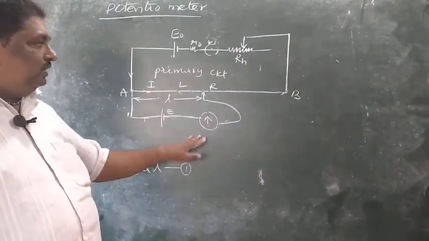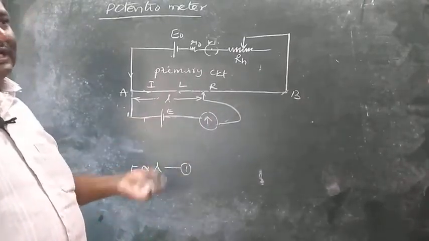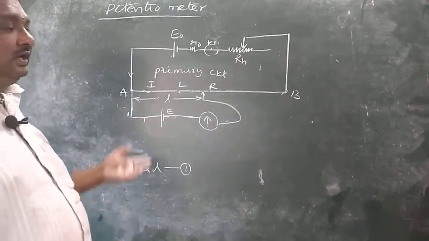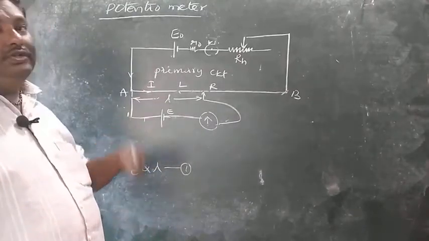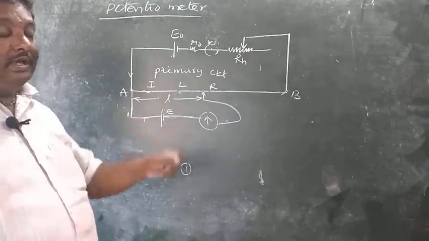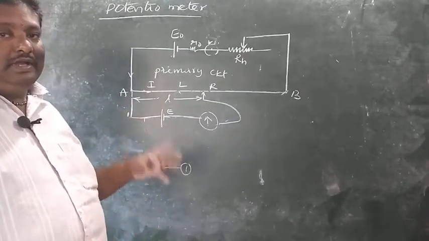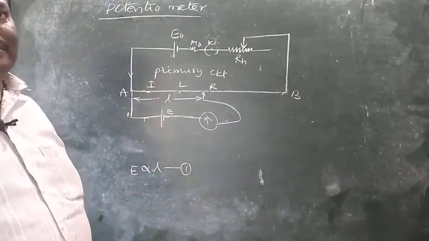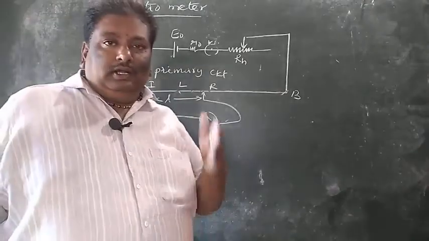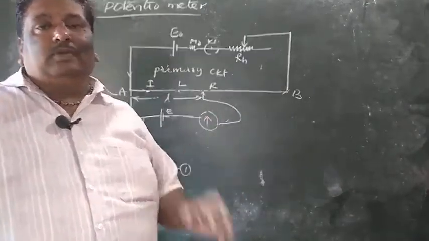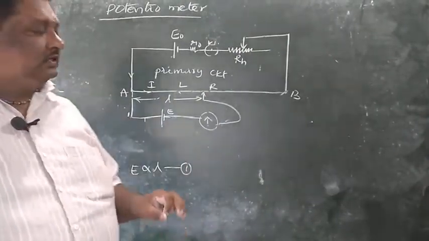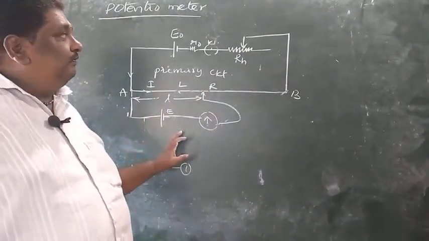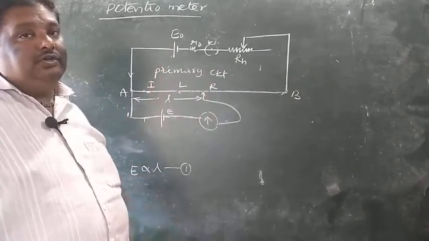If a voltmeter and a potentiometer are both given, a potentiometer is preferred for measuring EMF, because a voltmeter draws some current from the cell. Drawing current means it is a closed circuit, which gives a potential difference, not EMF. That's why only a potentiometer is preferred for measuring EMF.